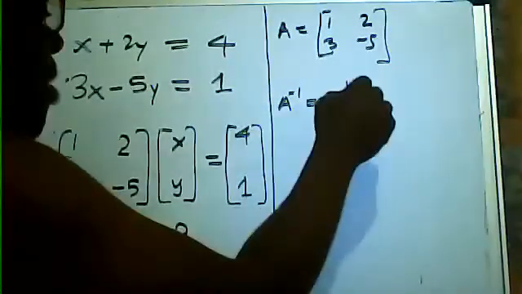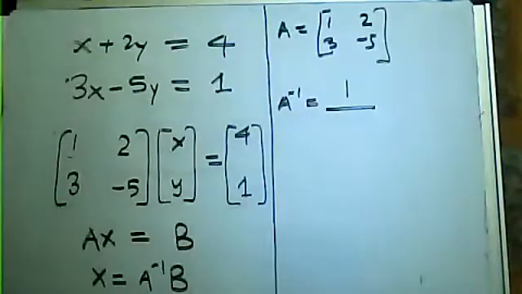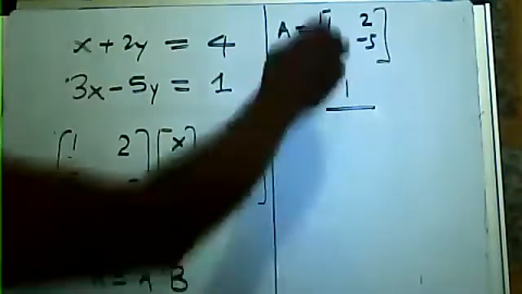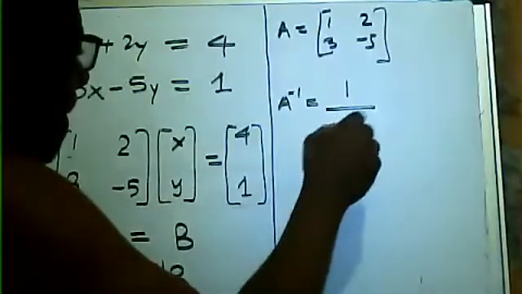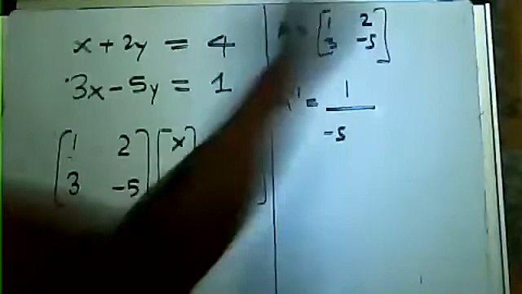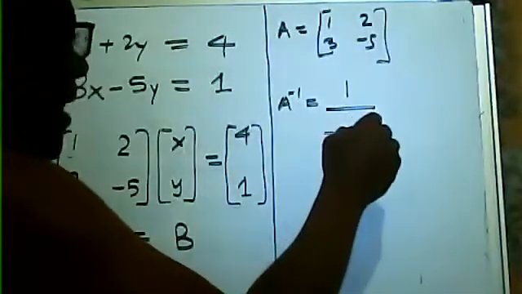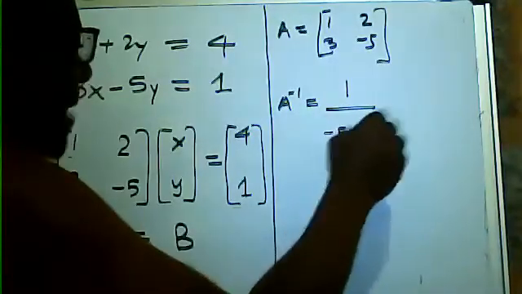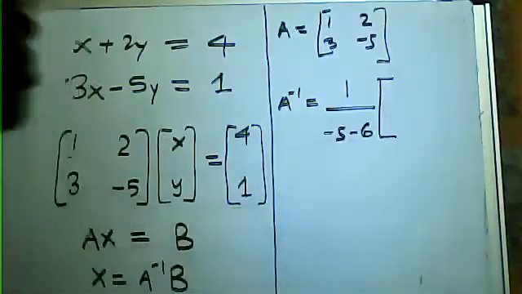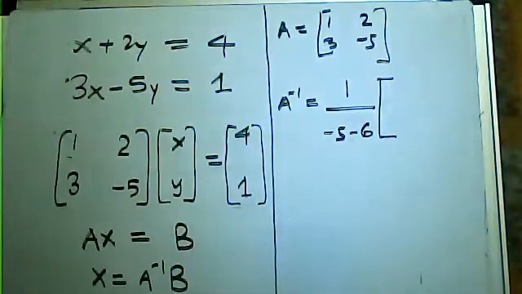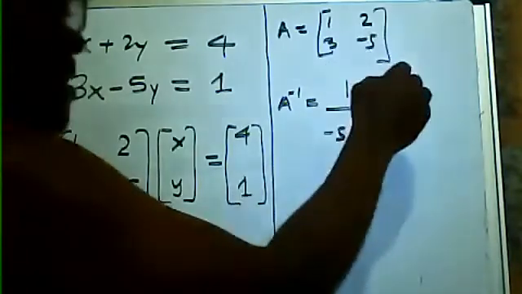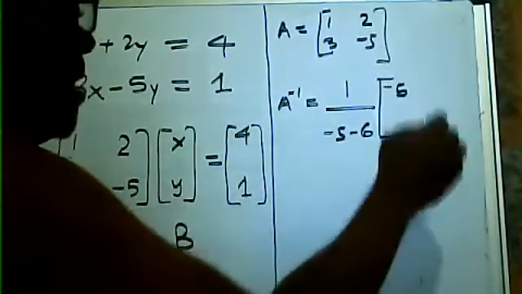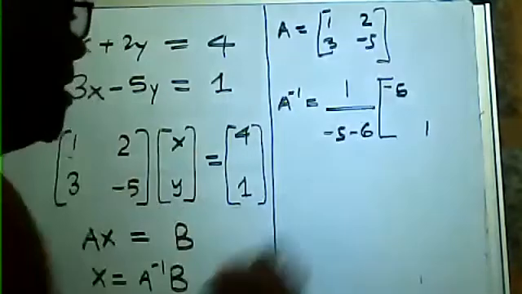A inverse will be 1 over the determinant, which is 1 multiplied by negative 5 minus 3 multiplied by 2, negative 5 minus 6, multiplied by, we do the inverse. Negative 5 comes here, 1 comes here.